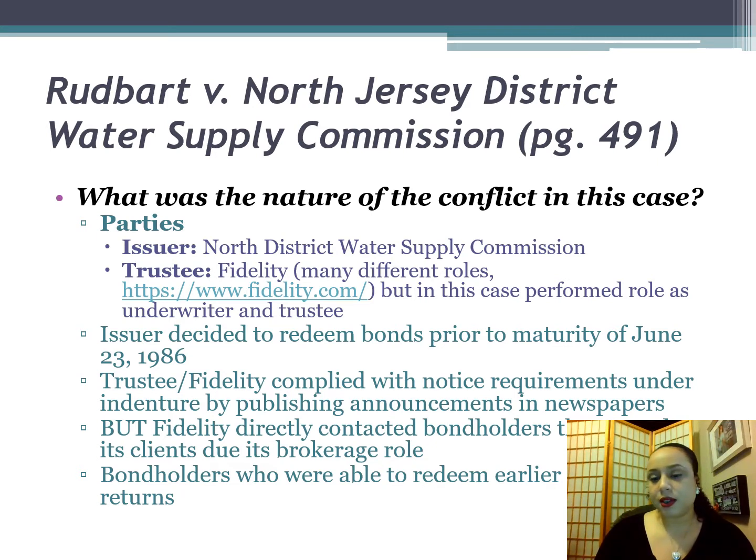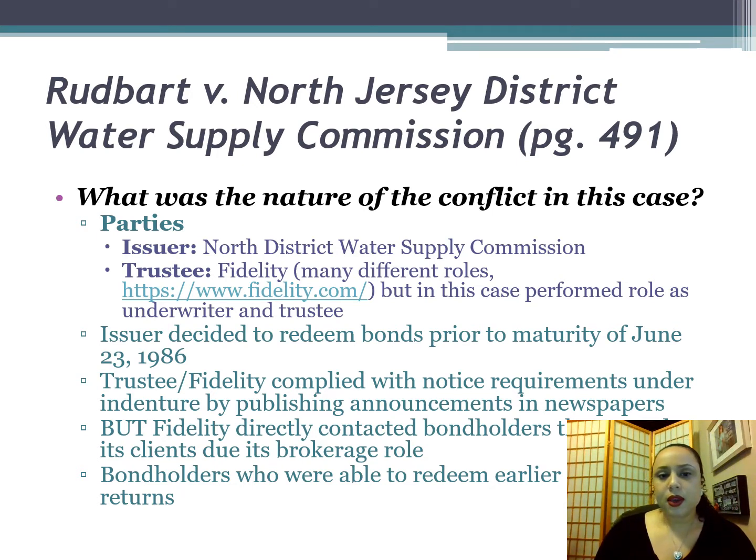Fidelity serves as an investment advisor to a range of investment fund, mutual fund, and ETF products. They also serve as broker-dealers, where they are earning a commission for selling securities, bonds, and other kinds of financial instruments to investors. They can also serve an underwriting role, which we saw in this case.